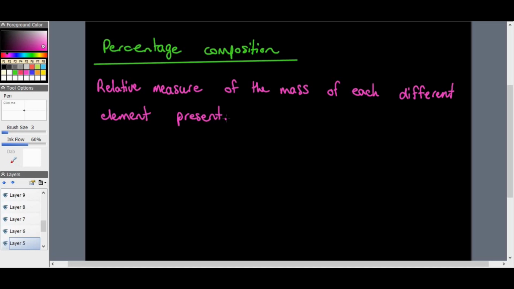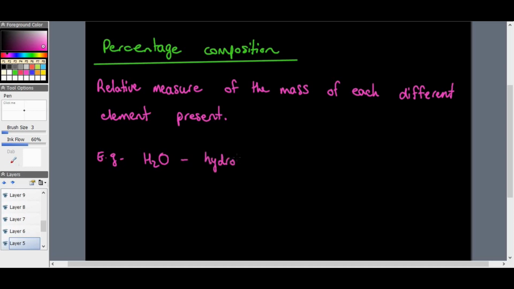Got that. Now, let's have a look at an example of water, H2O. Water shows the percentage of the mass of a water molecule which is made of hydrogen.